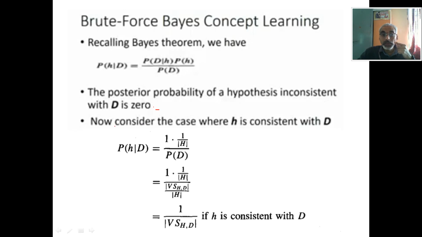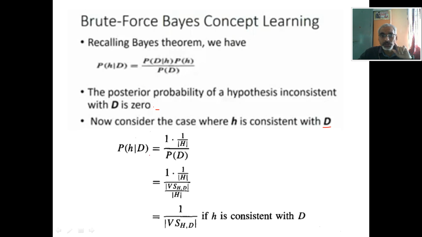So now consider the case where H is consistent. If it is inconsistent we are going to mark 0, so you leave it. Now we are talking about consistent. Now consider the case where this hypothesis is consistent with D. So how do we rewrite the above equation?